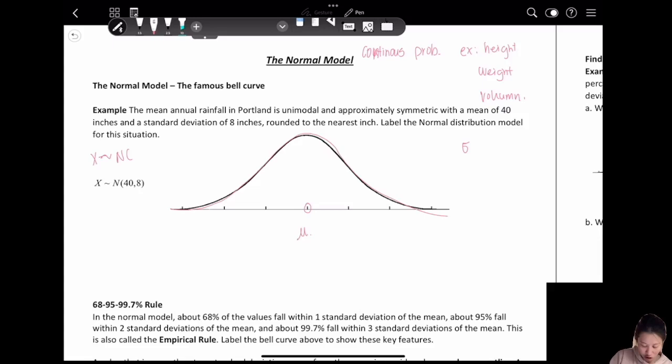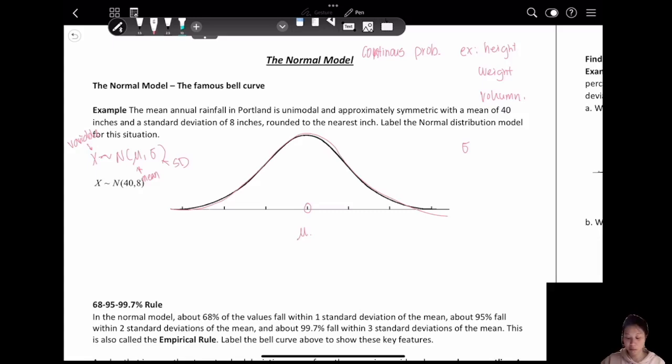This is the notation, N(mu, sigma), where x is the variable and N stands for normal distribution. Mu is the population mean, which is the average value. Sigma is the standard deviation. So we have the probability model of a normal distribution with a mean of 40 and sigma of 8 inches.